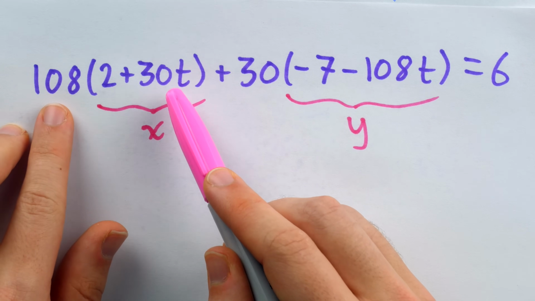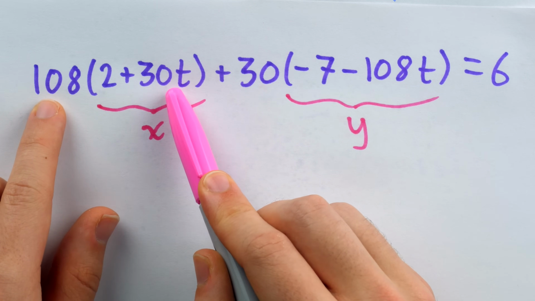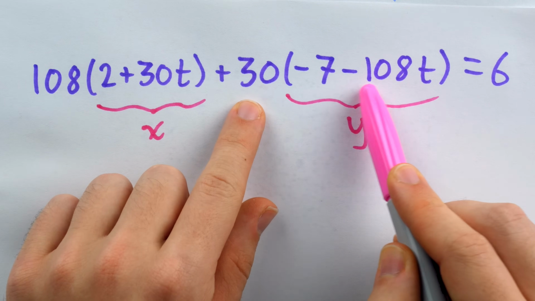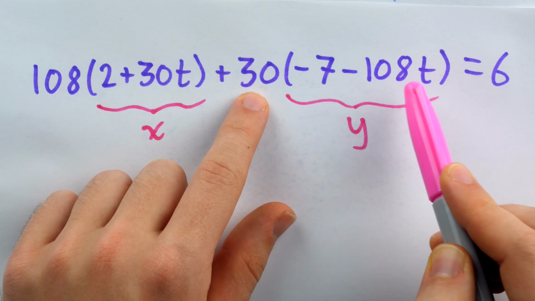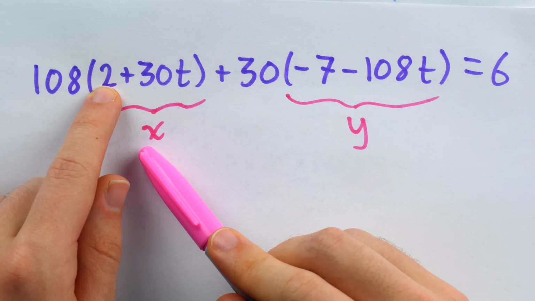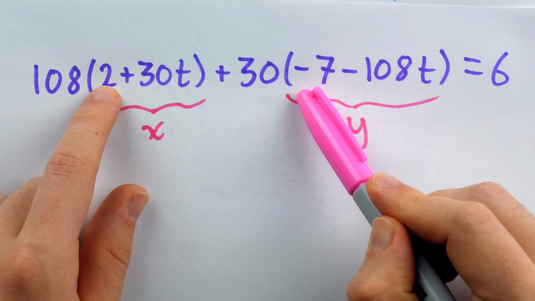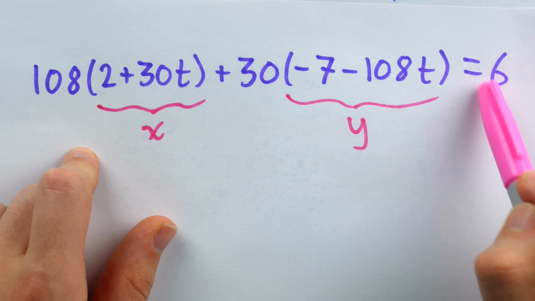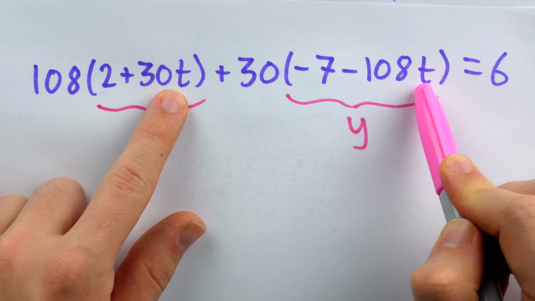Because notice, over here we would have 108 times 30t, and over here we would have minus 108 times 30t. Those would cancel out, and importantly, we'd still be left with basically x being 2 and y being negative 7, thus again giving us a solution for any integer value of t.